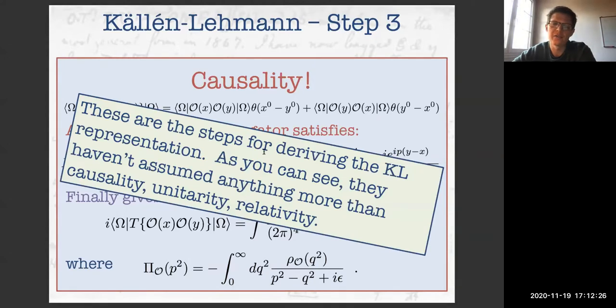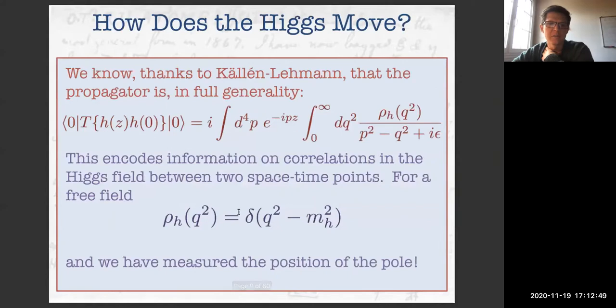As you'll have seen through these steps, all that's really been imposed was unitarity, which was when we inserted 1; causality, which was when we did the time-ordered thing and wrote it in terms of the Feynman propagator; and relativity, where we assumed that a function of the 4-momenta is a scalar quantity, so it had to be a function just of p squared. Those were all of the assumptions that went into it.